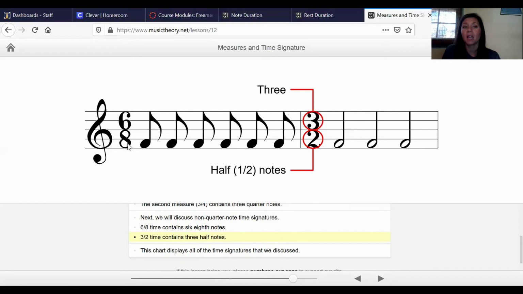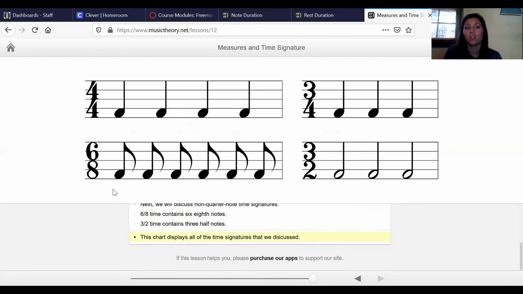With 6/8 time, the bottom number being an 8, the 8th note got the beat. Here, the bottom number is a 2, so the half note is receiving the beat. And there's 3 beats, so we've got 3 half notes in this measure. But you could, again, divide this up differently. You could certainly have 6 quarter notes, or you could have 2 quarter notes and 2 half notes, as long as it all equaled the same amount of beats.